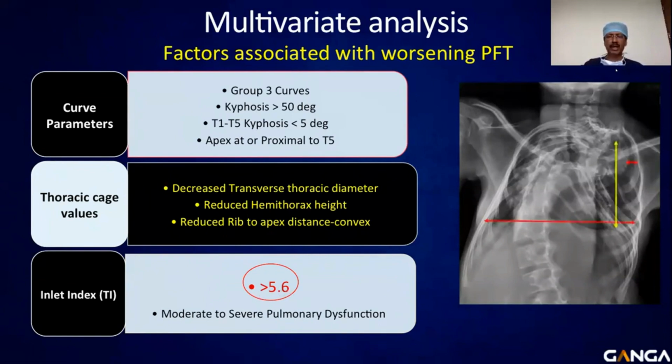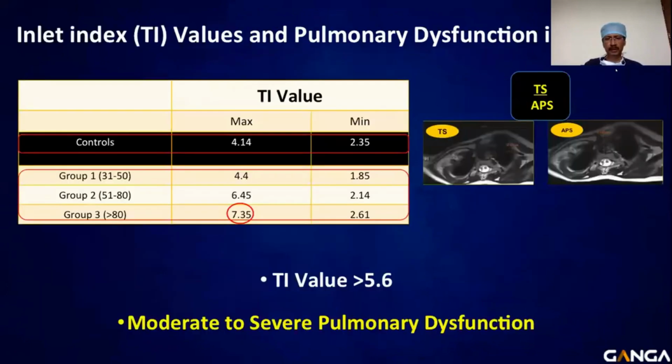Now, if you had a thoracic inlet dysfunction, and if your index was more than 5.6, you had a moderate dysfunction, and if it was more than 7, it was a very severe dysfunction.